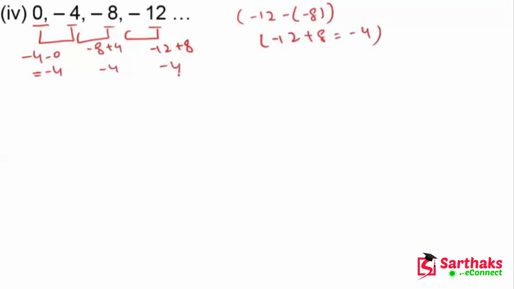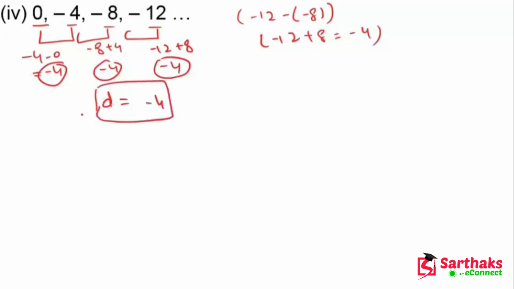So how can we write here? The common difference is same. We can say D is equal to minus 4. So this forms an AP. Now A5 is what?